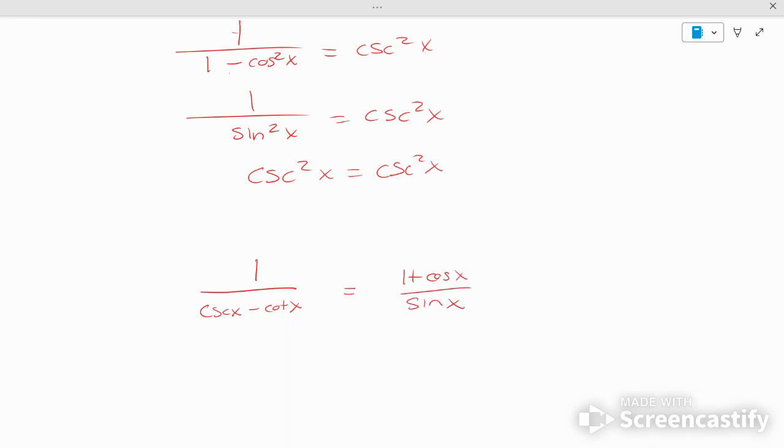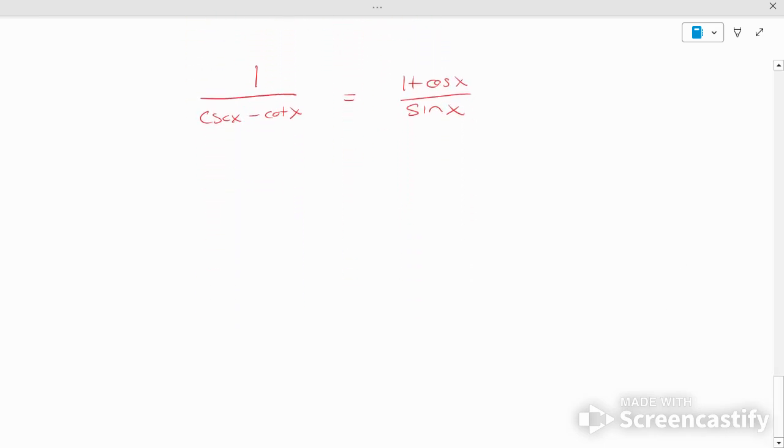Okay, last one that I'm going to teach, and then I'll give you a bunch of time to work on this. Now, we could do this more than one way. I could change these into sines and cosines and go there.